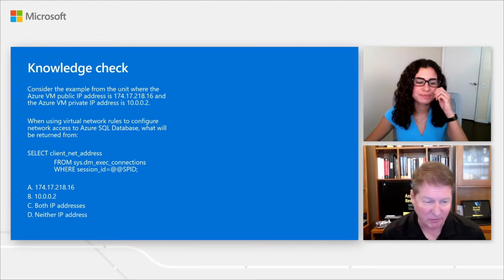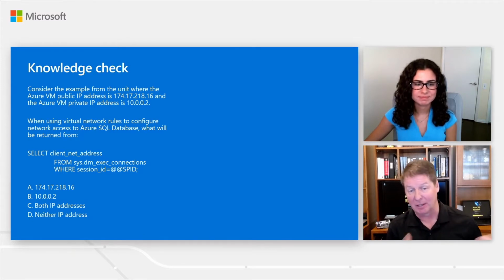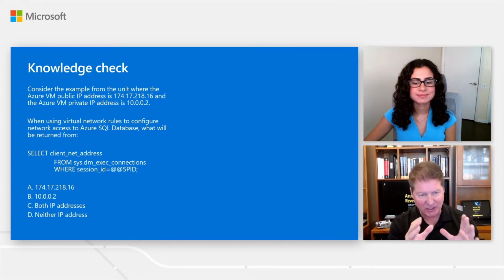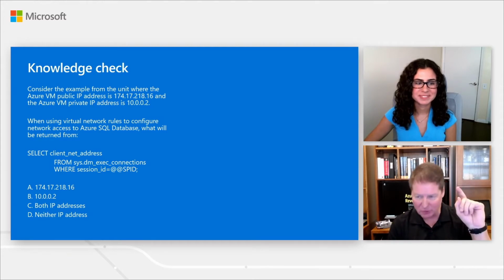I'm going to use the process of elimination, right? So you've got two IP addresses, a public and a private here, using virtual network rules. And that query, I saw you do a demo of that query, and I know SQL pretty well. That is the IP address of a client connecting into a SQL server, which is in this case a logical server. So process of elimination would be the following. It can't be D. It's got to be one of those two. So D is not the answer.